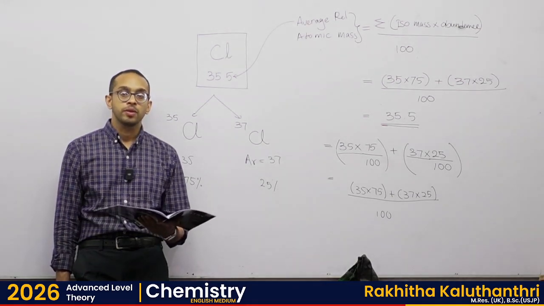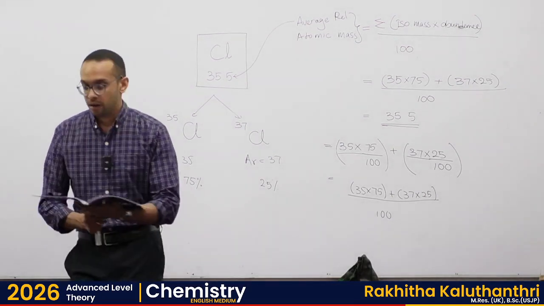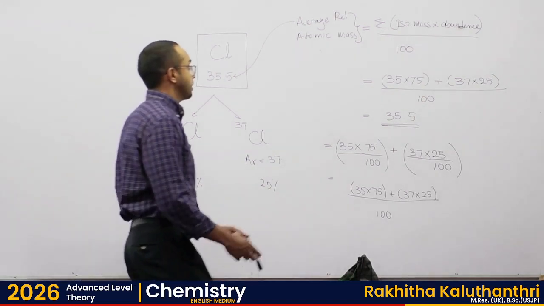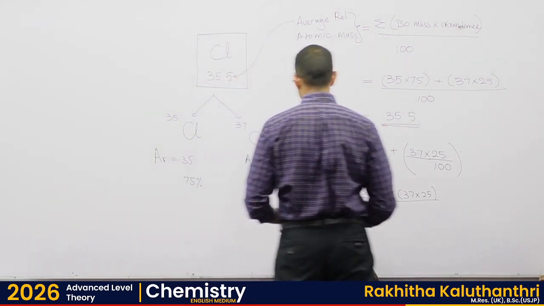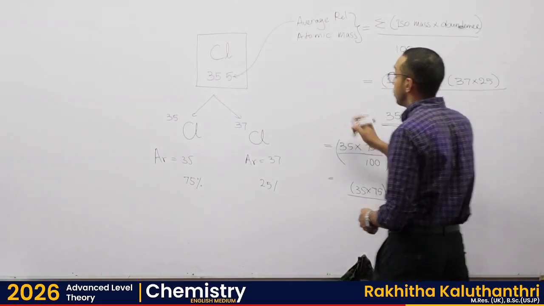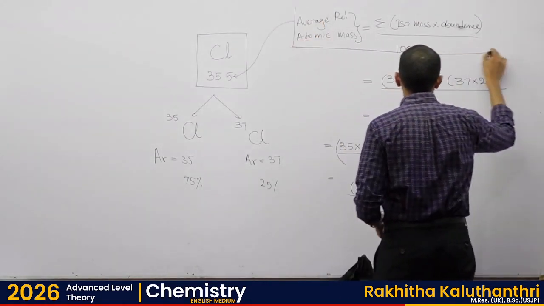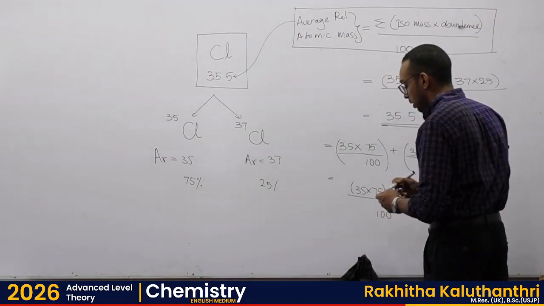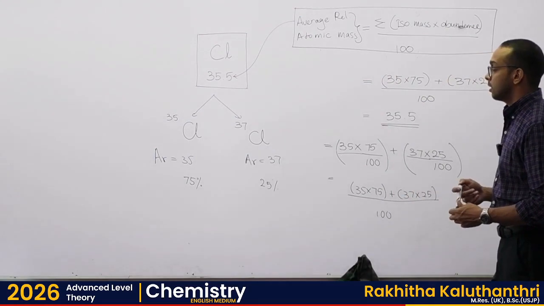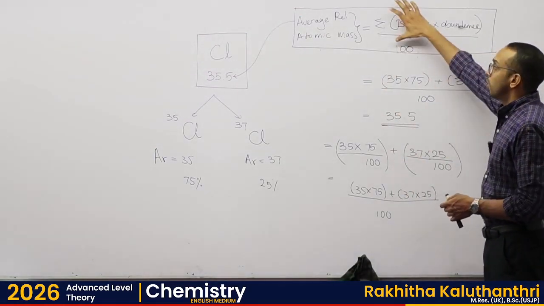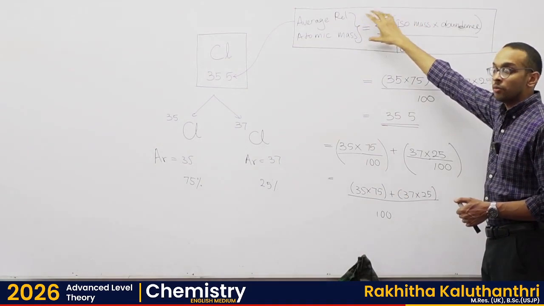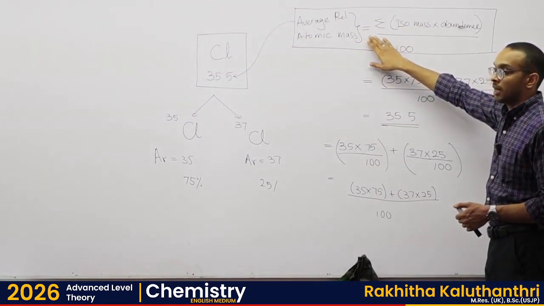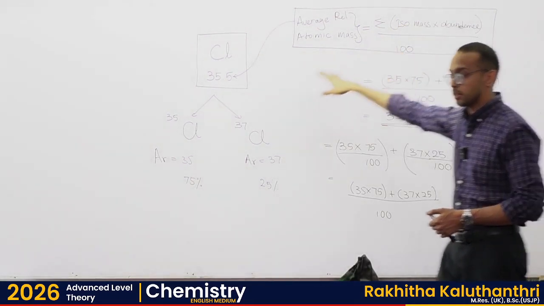Right. Then write the following equation is used when calculating the average relative atomic mass. Only write the relative atomic mass equation that is highlighted here. Just this one, nothing else.